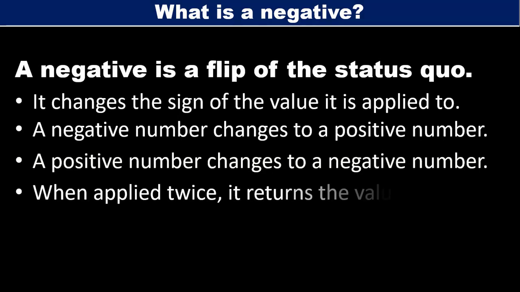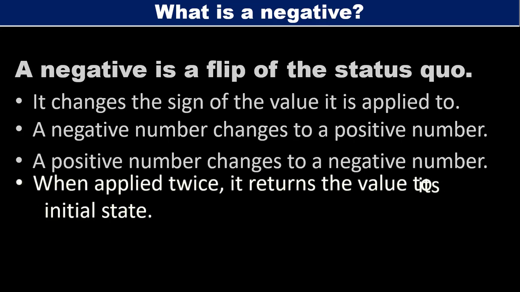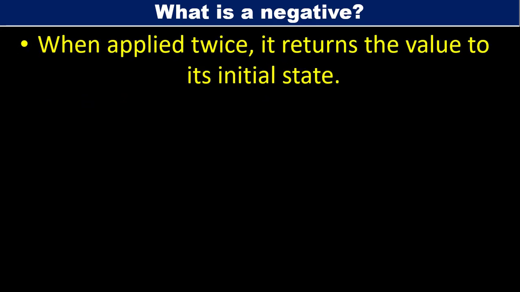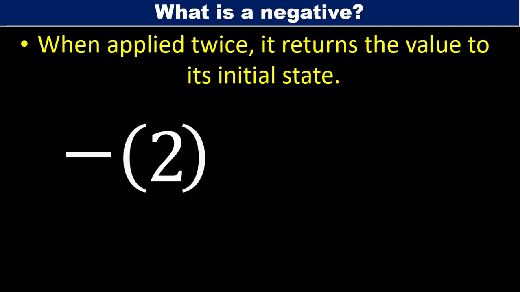Now, when applied twice, it returns to its initial value. In other words, when you apply the negation of a value twice, you are simply returning it to how it was in the first place. Let's say we have 2. Let's negate it for the first time. What do we have? We have -2.